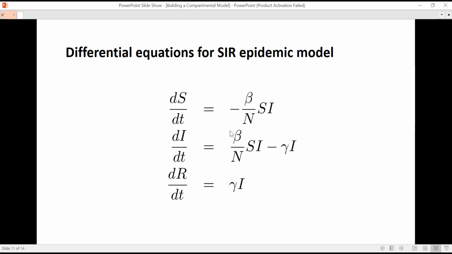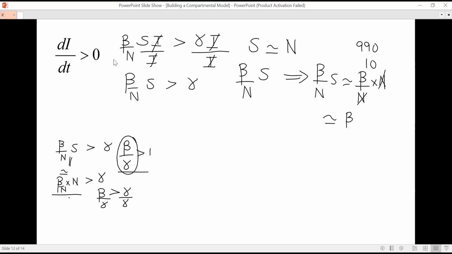So we want to take this formula that defines the infected and use it to calculate the basic reproductive number. Step by step, the rate of change in the infected has to be greater than 0 for there to be an outbreak or a disease.